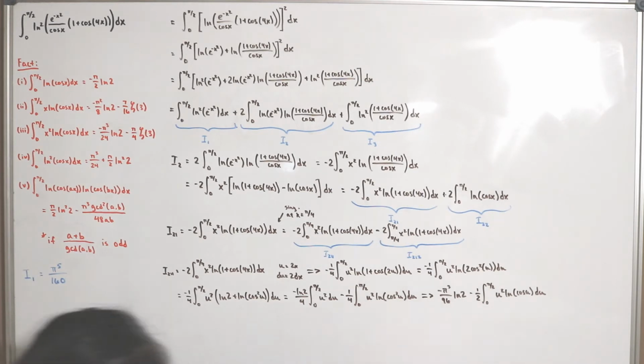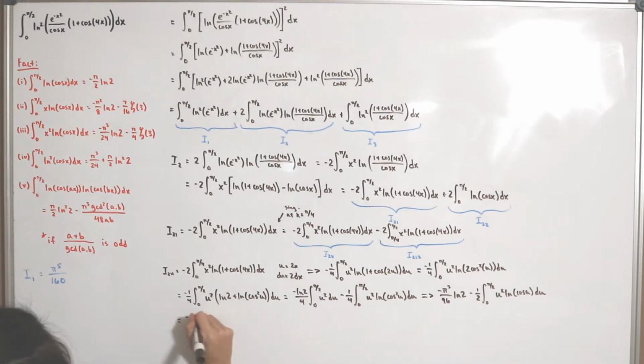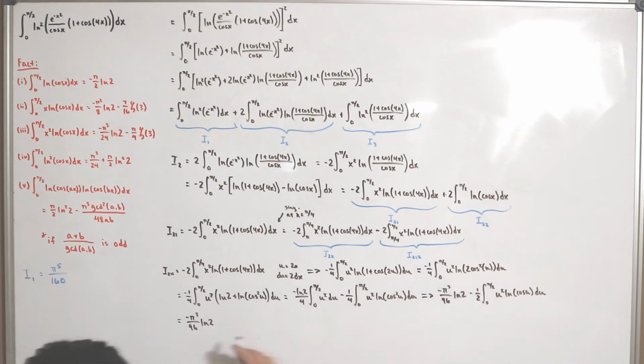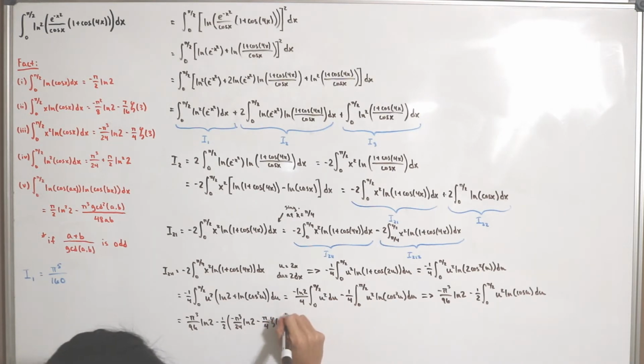So now that we have this, to put it simply, this is negative pi cubed divided by 96 multiplied by ln 2, minus 1/2 multiplied by negative pi cubed divided by 24 ln of 2, minus pi over 4 multiplied by the Apéry constant, which is the Riemann zeta of 3.